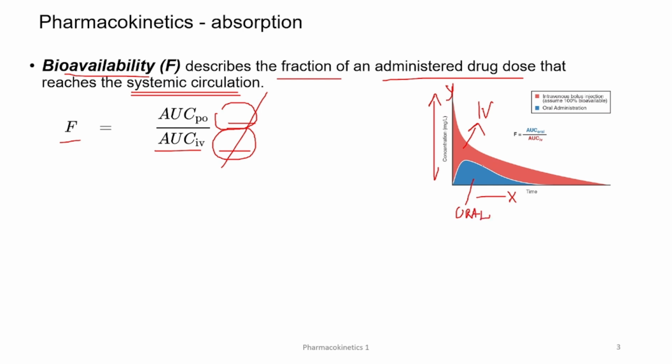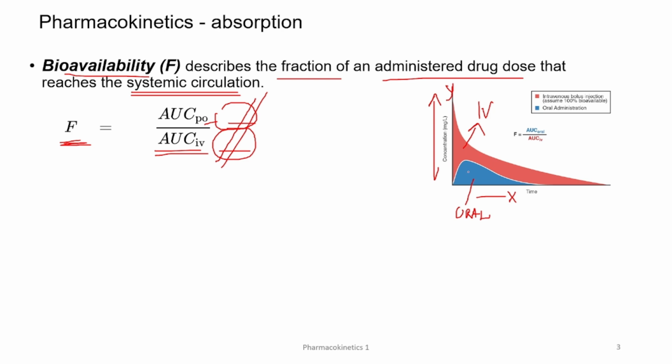And this is what we compare. And the area under curve oral over area under curve IV is the bioavailability of a medication. And now make a note here. We have cancelled out dose because the dose used was the same for calculating area under curve.